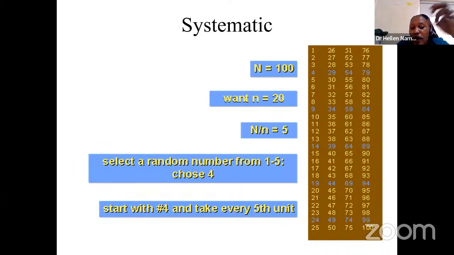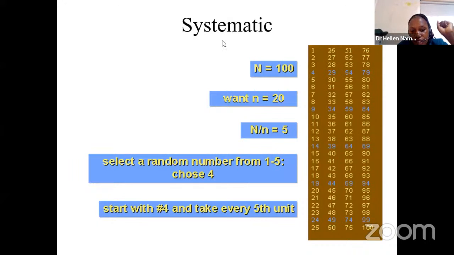So by the end of the day, as you move on up to 100, you'll include up to the 99th person that will be in this particular position for you to come up with your n to be equal to 20. Like I said, if you start with the 4th, you'll take every 5th person or every 5th element or unit, whatever term you're calling it.